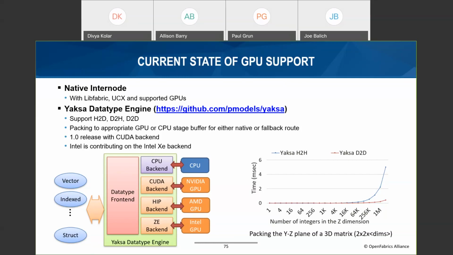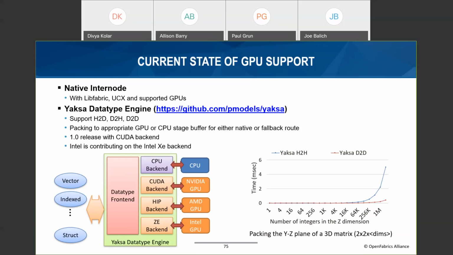It supports all different types of data packing and unpacking, and it has a data type front end interfacing with MPI data types, and for each of the different hardware, we have a backend for packing and unpacking to and from that hardware. Currently we have a CUDA backend for GPU support, and Intel is working on the backend for their GPUs at the moment.